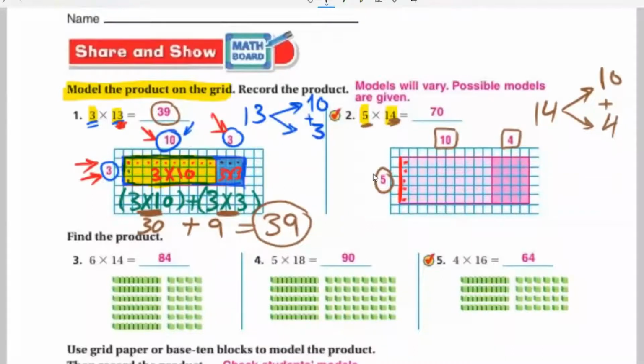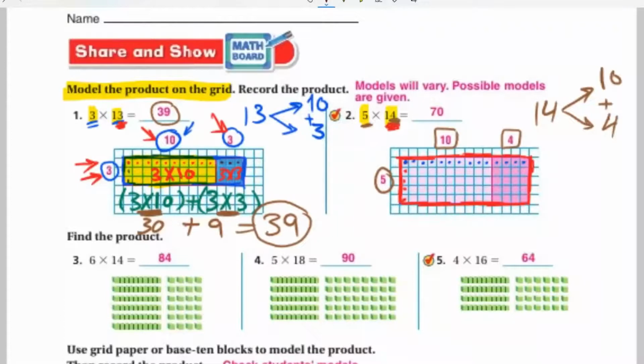Like that. And then we have 14 here, right? So let's count here 14. 1, 2, 3, 4, 5, 6, 7, 8, 9, 10, 11, 12, 13, 14. And then let's draw our rectangle here. The first thing, you have to model a rectangle and then divide it like that.